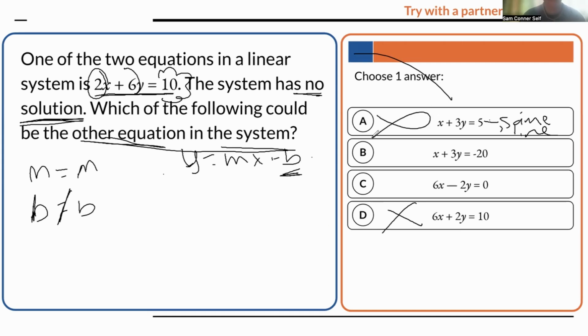So if we know that it can't be A, then we have to start looking at the slope. A good way to do it is the relationship between the slopes.